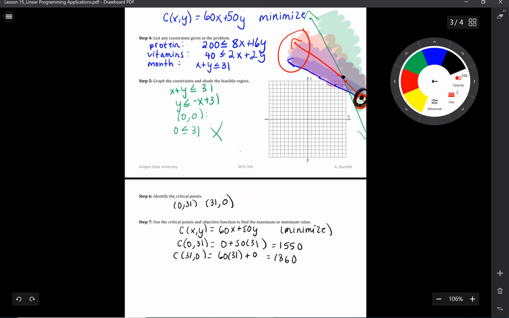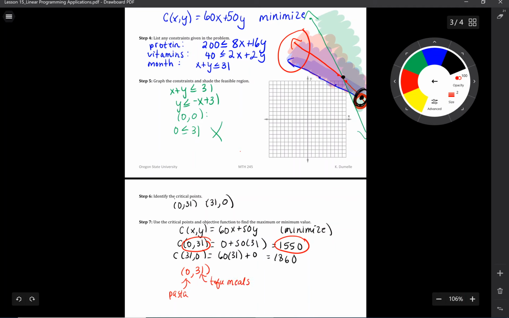So clearly my minimum value here is 1550. That gives me the point 0, 31. And remember, x was the number of pasta meals, and y was the number of tofu meals.